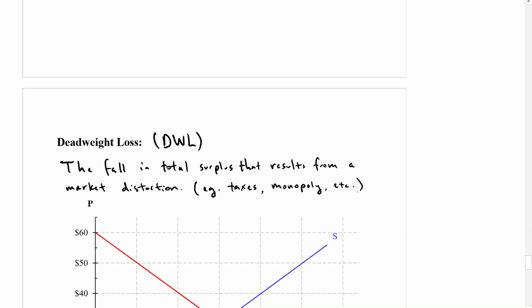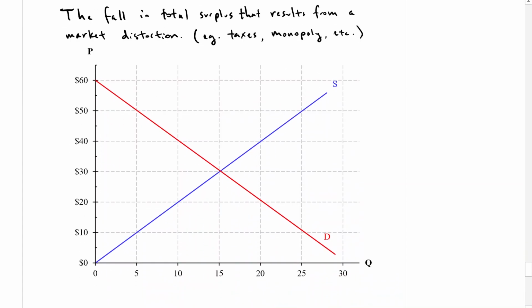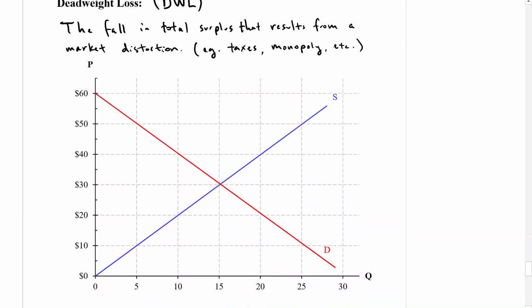Anytime there's some type of market distortion, the society is going to lose out. That's what's happening here. That's this triangle when we have our $20 tax in place. No producer is getting that, no consumer is getting that, and the government is not getting that. That is just surplus that society once had and now doesn't.